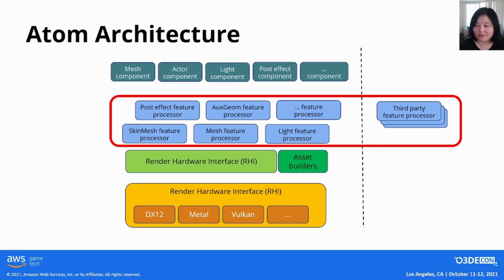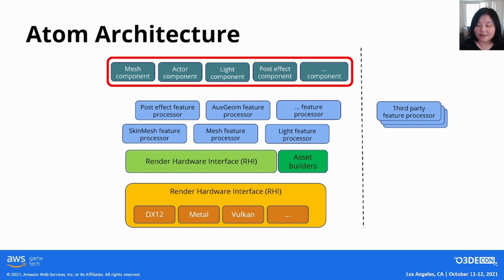Each feature processor is independent and it manages its own graphics objects, customized passes, simulation, and the render data submission. Developers can develop a new feature processor and provide it as a gem. This component on the top layer is how we expose the features to the O3DE engine to provide the interaction between game objects and the rendering objects.